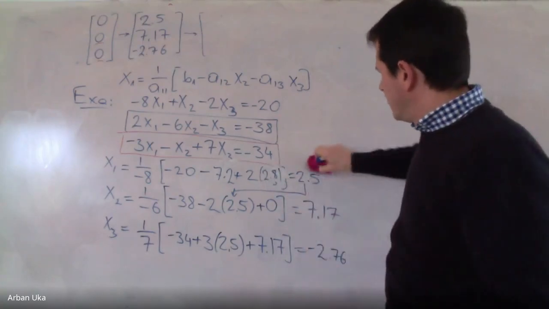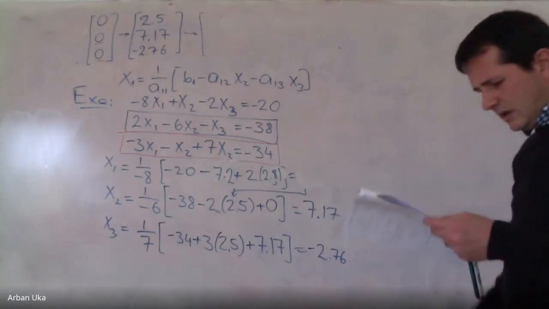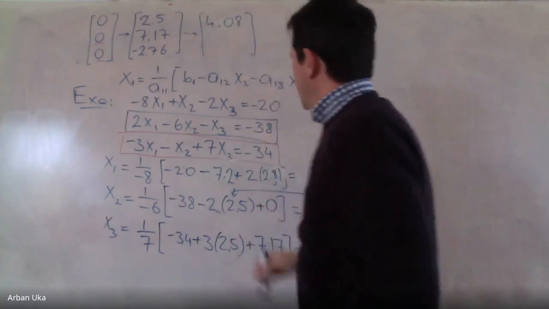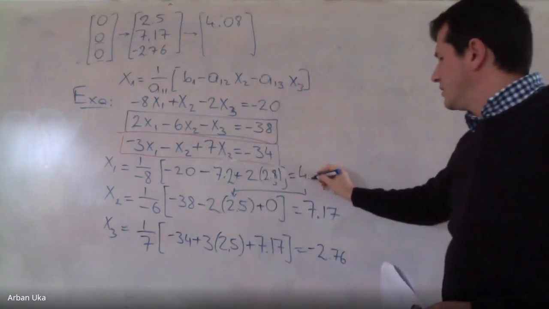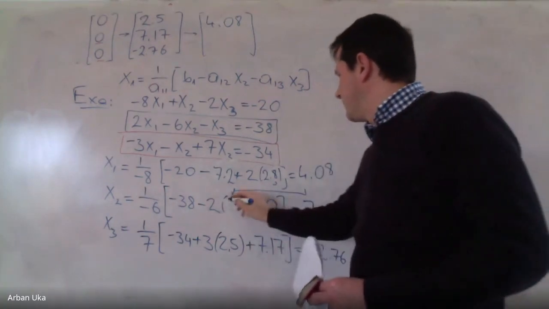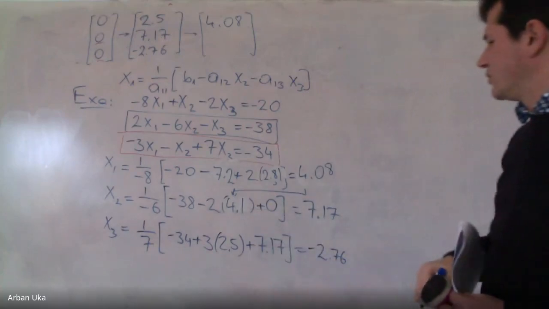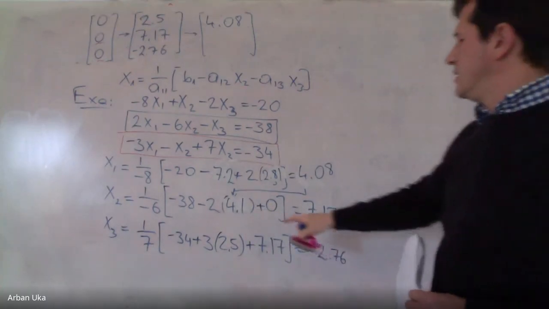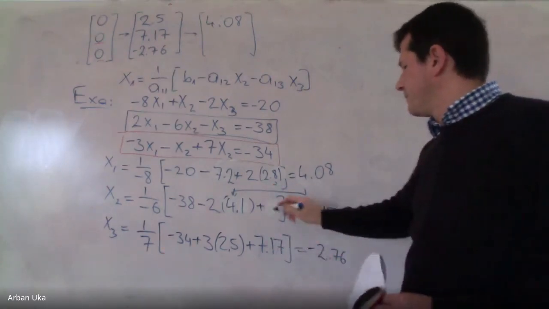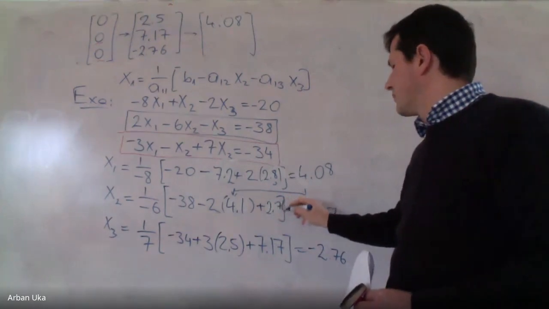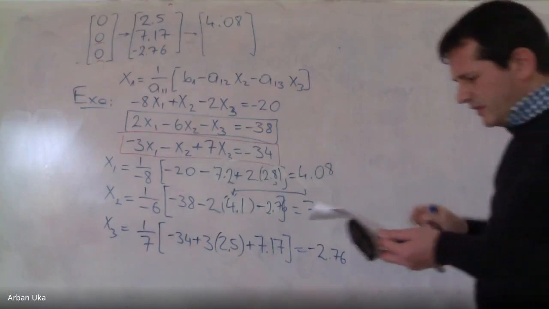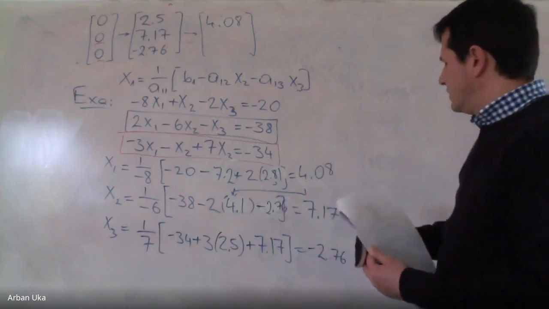Then the value that we get here for x1 is going to be 4.08, or let's write it 4.1. Then here we get plus x3. This x3 is minus 2.76, with a minus sign. And the next value we get is 8.15.